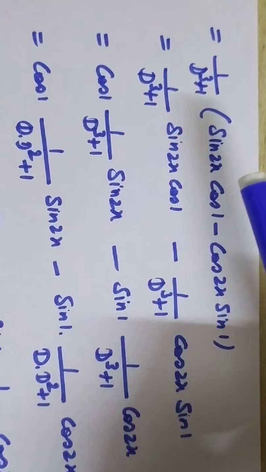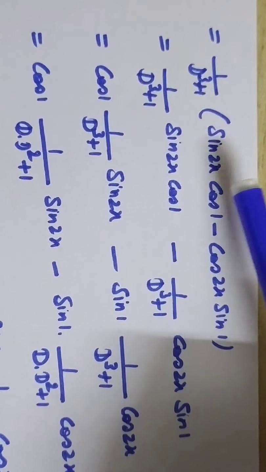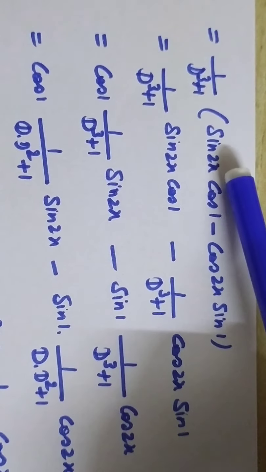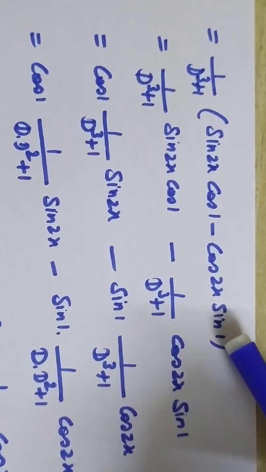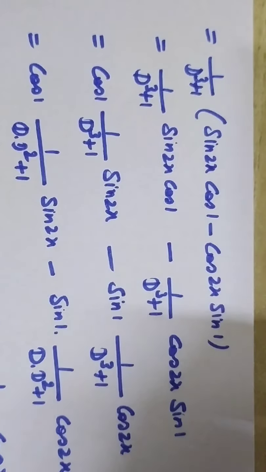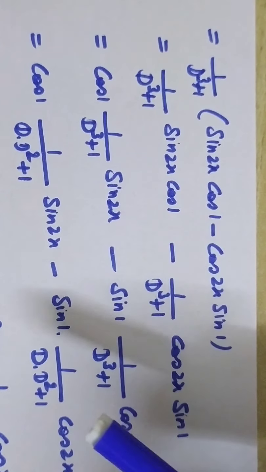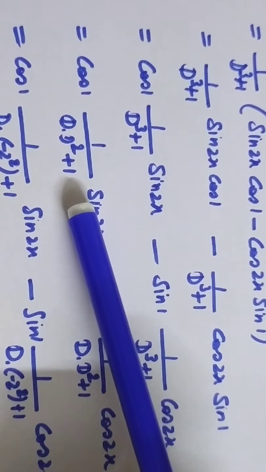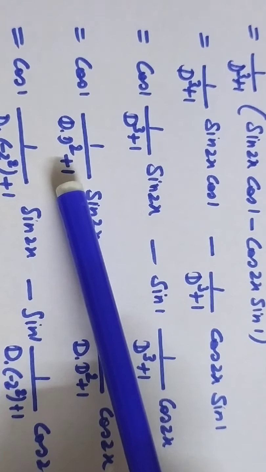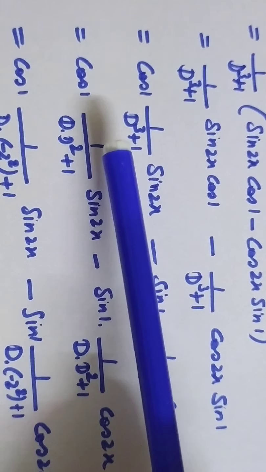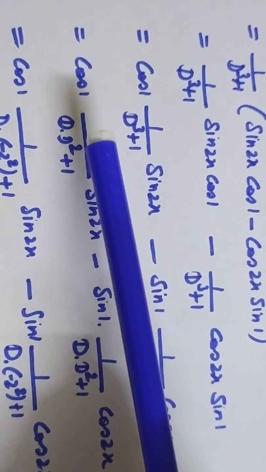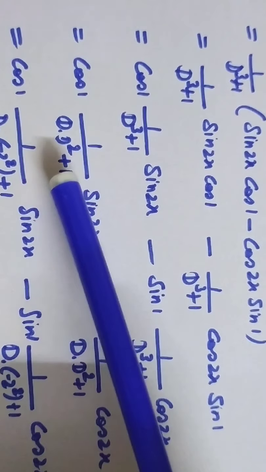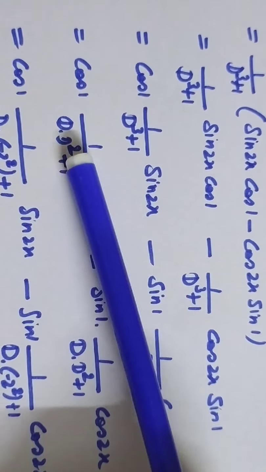Here what I have done, I have written down the formula for sin(A minus B), sin A cos B minus cos A sin B. Now simplifying this further, look at this step. D cube is split into two parts, that is D into D square, because I have to make this a function of D square.